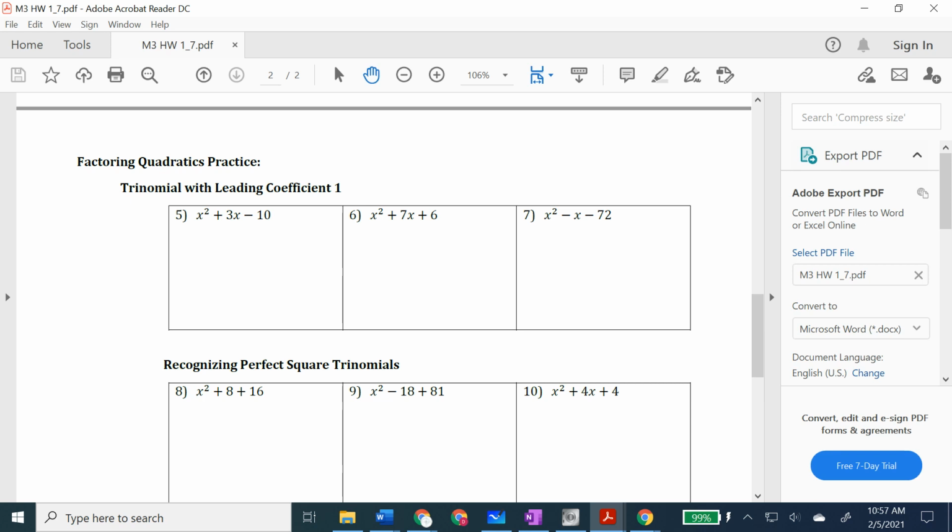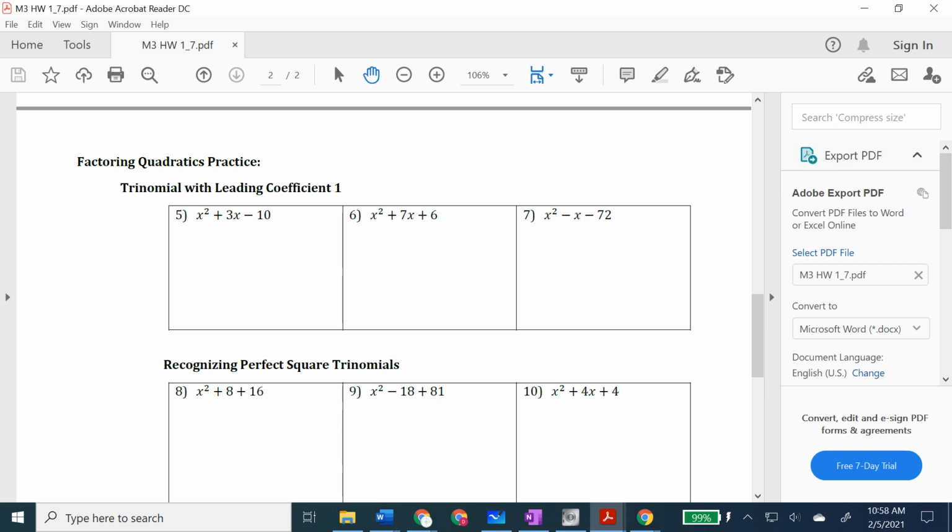But when it comes to showing work on tests, a lot of the reason for showing work is so that if you have incorrect answers, I can figure out what you did wrong and give you partial credit. Whereas if you just write an answer down, I don't know why it's a wrong answer if it's wrong, and I can't give you any partial credit points.